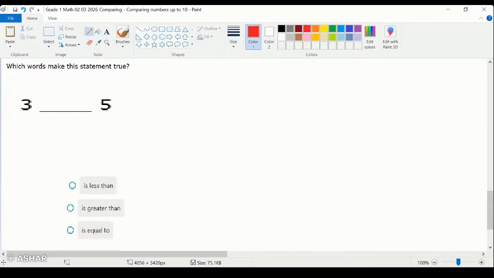The options are A, B, and C. Is 3 greater or 3 less than 5? Is 3 greater than 5 or is 3 less than 5? Perfect. Thank you, Deborah. 3 is less than 5.